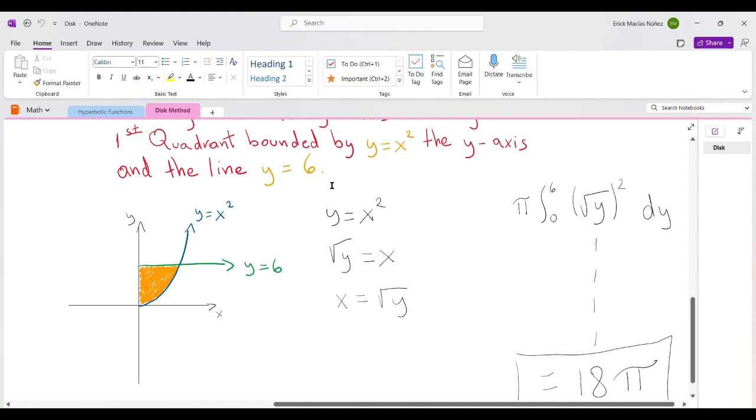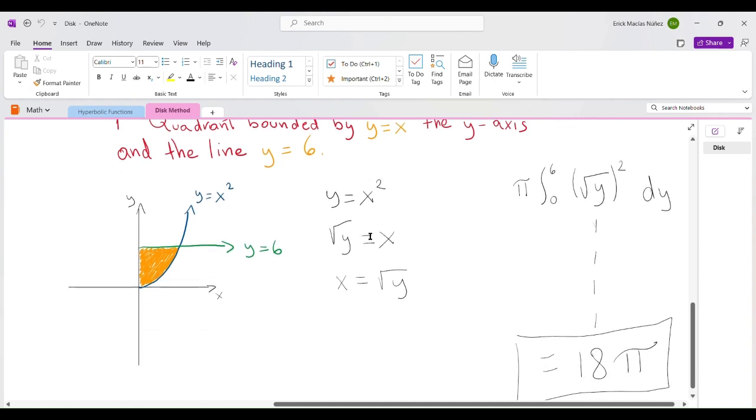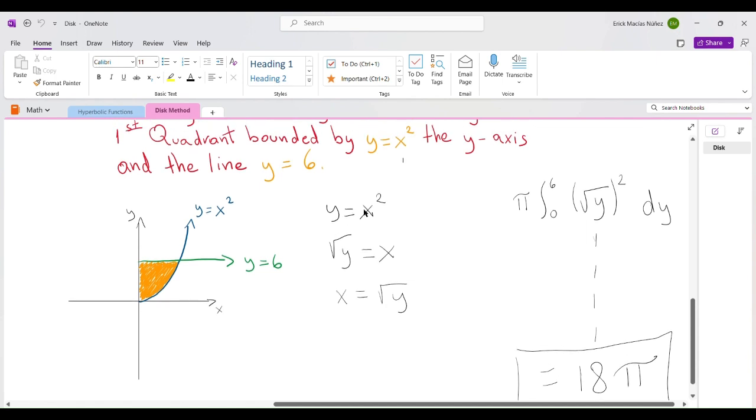Now, since it was asking for the y-axis, you have to find the y's. As we could see, y equals x squared, so radical of y equals x, and we already know that x equals the radical of y.